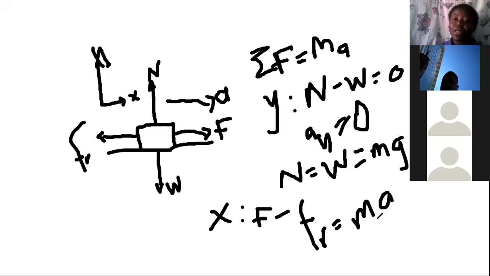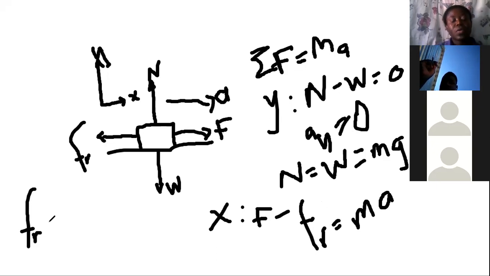We don't know what the acceleration is, and we don't know what the friction force is. But the question is not asking us to find the acceleration. It's only asking us to find the friction force required to keep the book sliding with a constant speed.